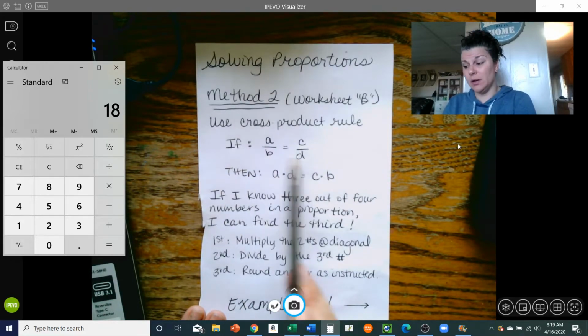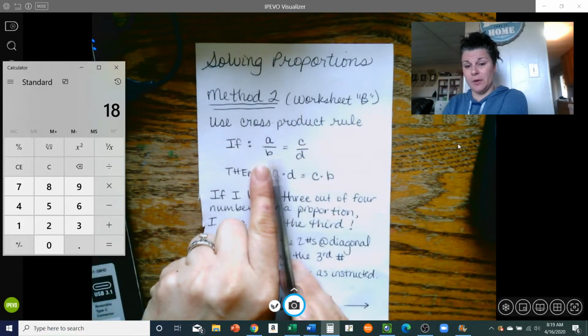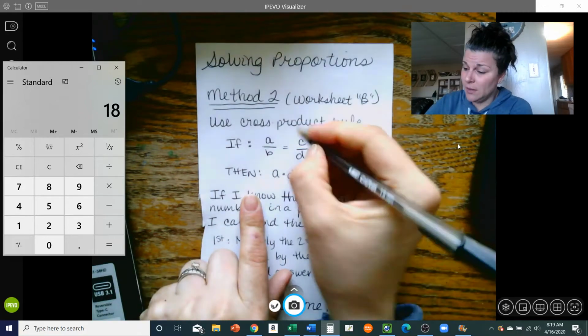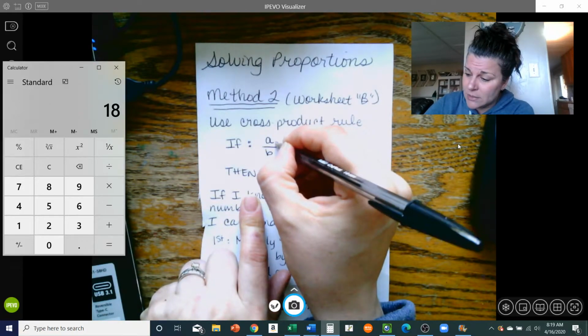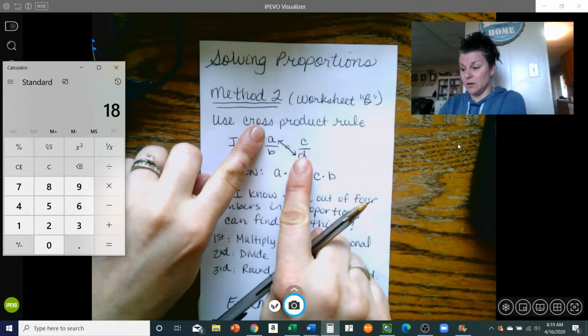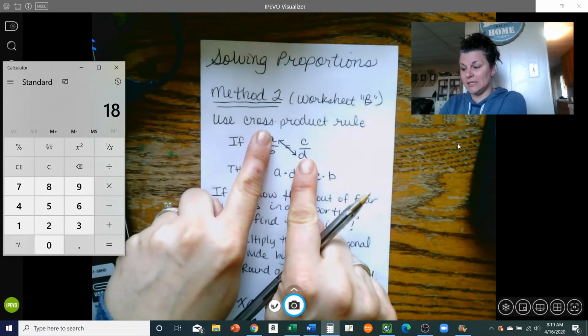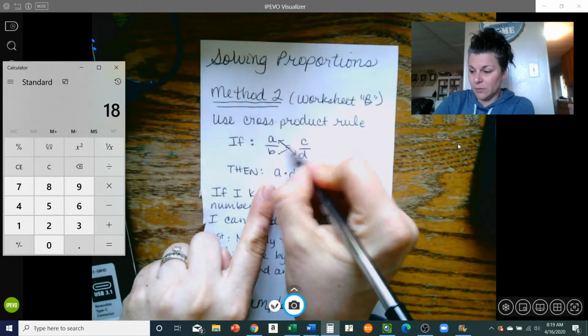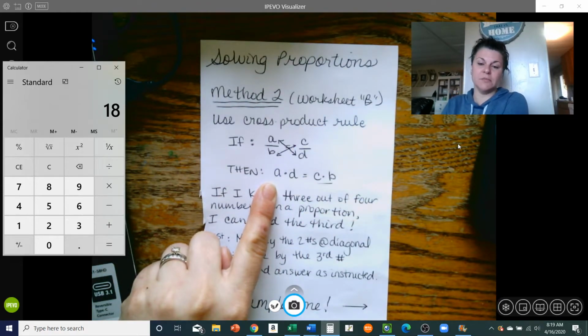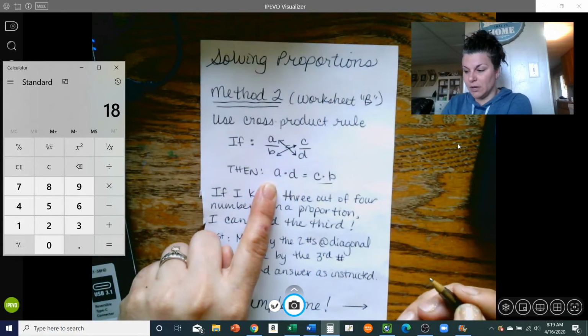The cross product rule says that if 2 ratios are equal, if I have a proportion, then these cross products, the numbers at diagonals, when I multiply them, A times D, that equals C times B, or B times C, whichever way you want to look at it. So those are my cross products.